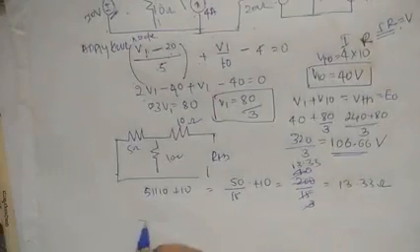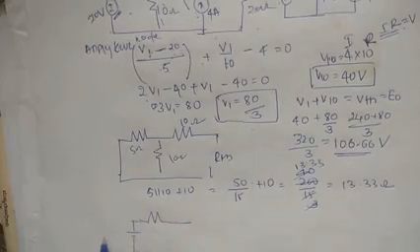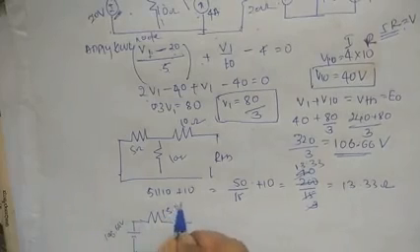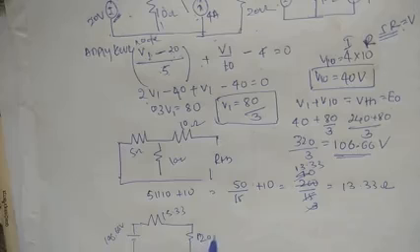The equivalent circuit is 106.66 volt, 13.33 ohm. RL is 20 ohm.